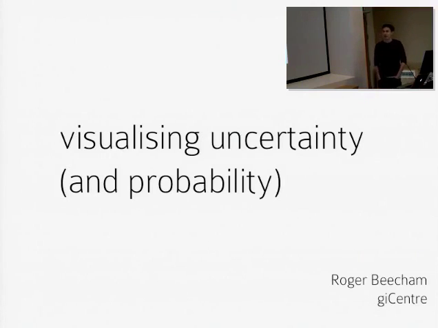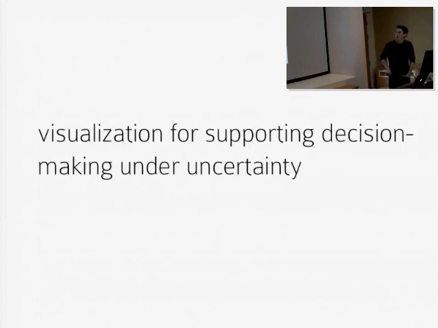It's all about reasoning about probabilities and trying to hold lots of things in your head and then make decisions. And it seems like visualization may provide a really nice way of taking away some of that reasoning and thinking that you have to do and instantiating it in a graphic. So yeah, it seems like a good match. So I'm going to talk about how visualization can support decision making under uncertainty.